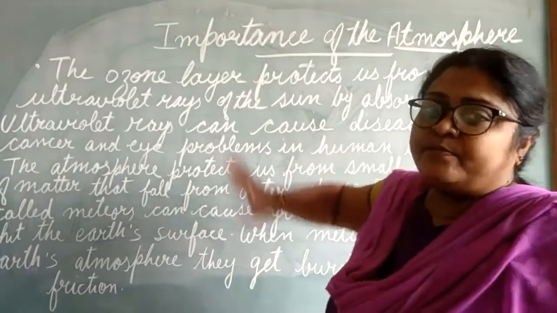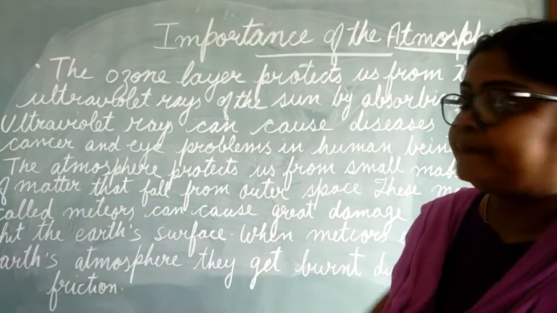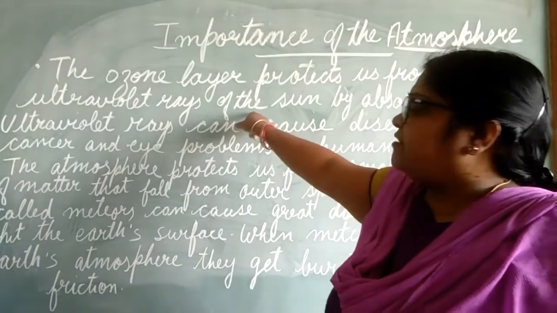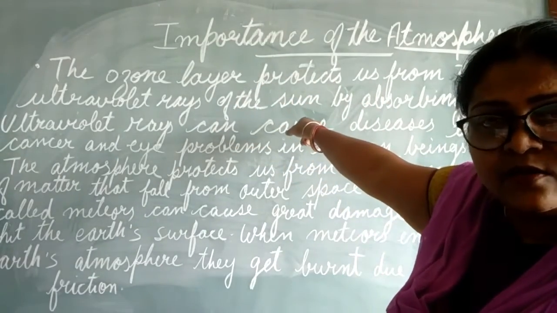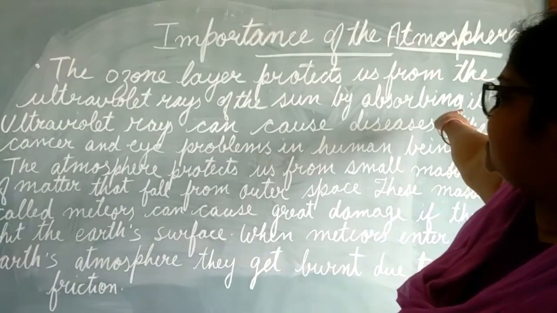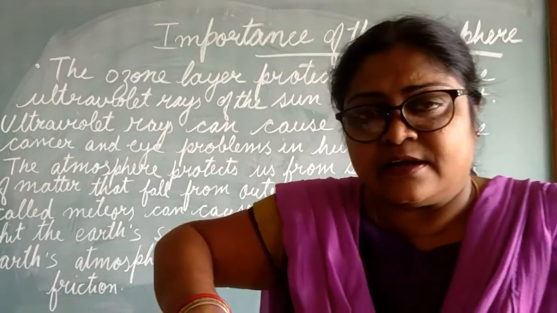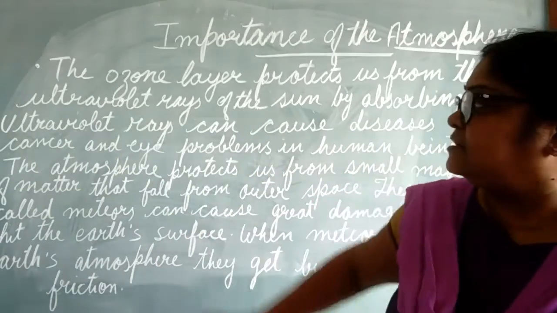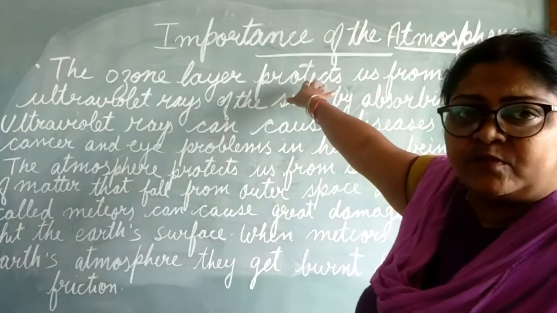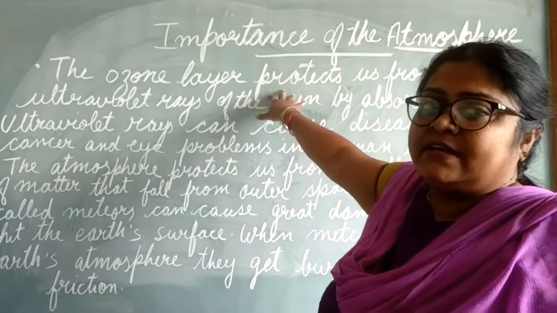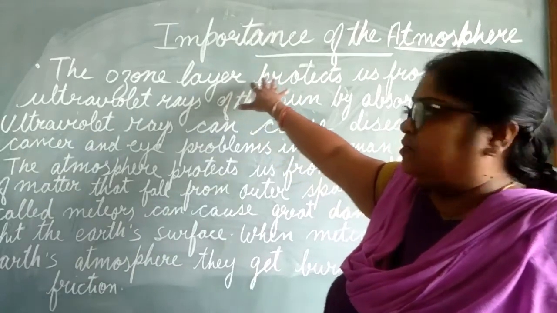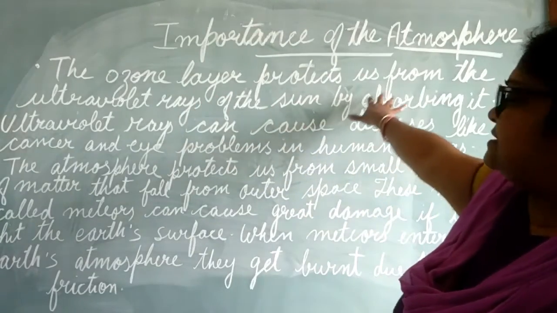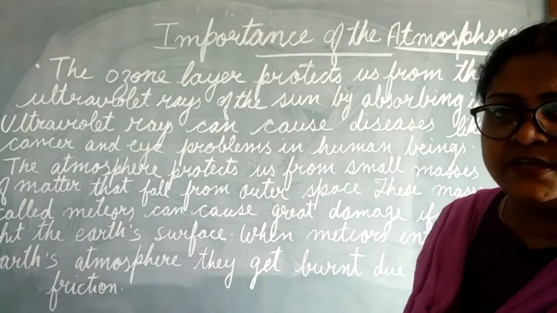So which layer protects us from the ultraviolet rays of the sun? The ozone layer, by absorbing them. The ozone layer is in the atmosphere, and it absorbs the ultraviolet rays.